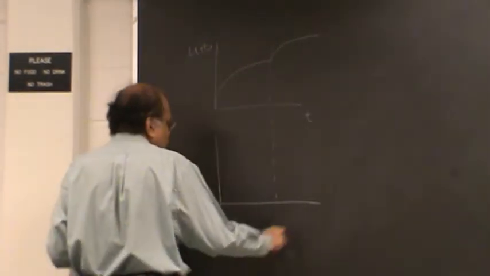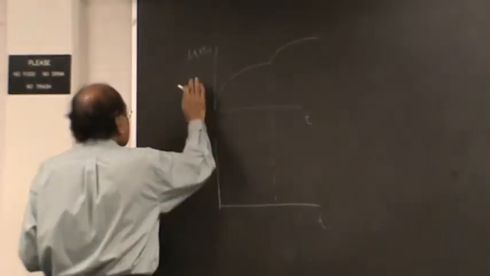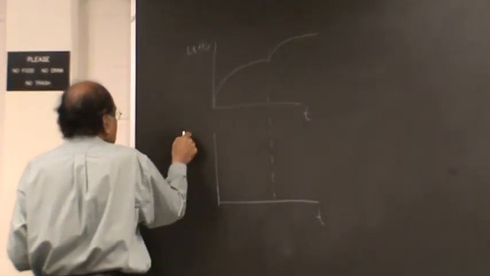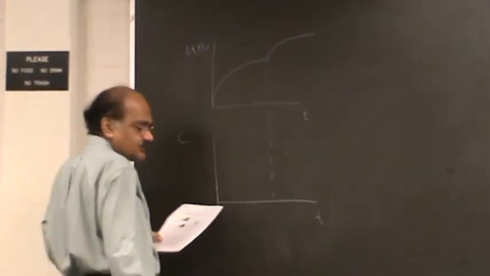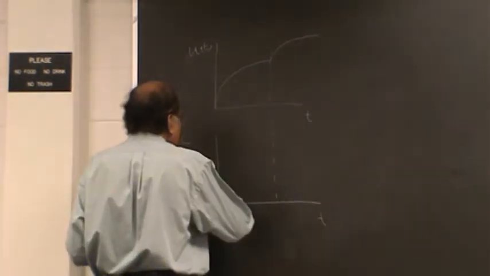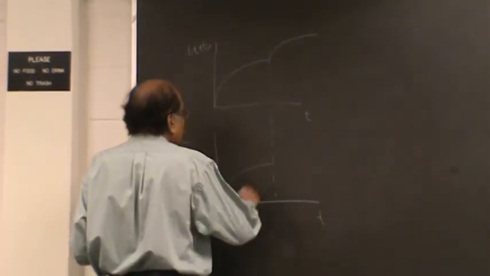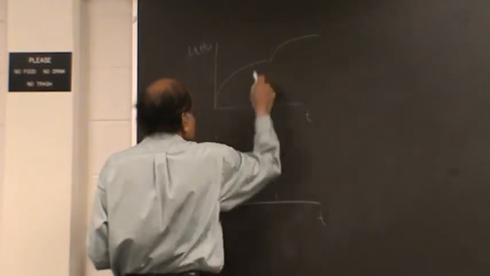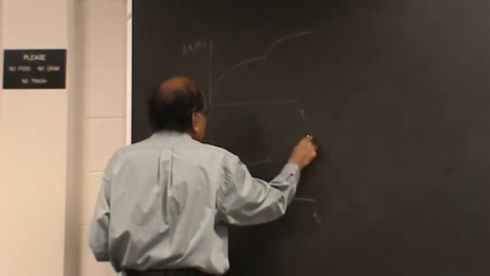Now what if, instead of total number of defects, you plot coverage, let us say C is coverage? Then you will notice that the coverage will go up like this, and when you switch testing strategy, your coverage will start going up like this.